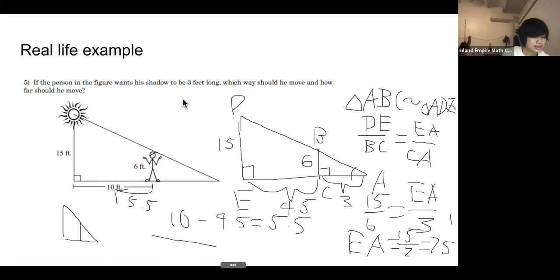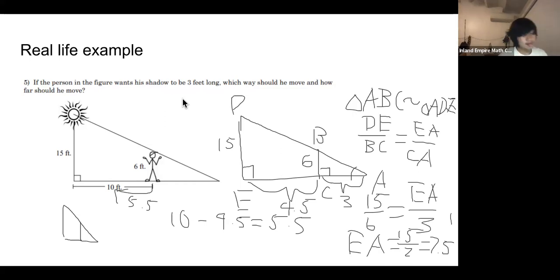So basically that means that he needs to move 5.5 feet to the left, because it's mirrored on the computer, in order for his shadow to be 3 feet. So basically, similar triangles combine algebra and geometry.